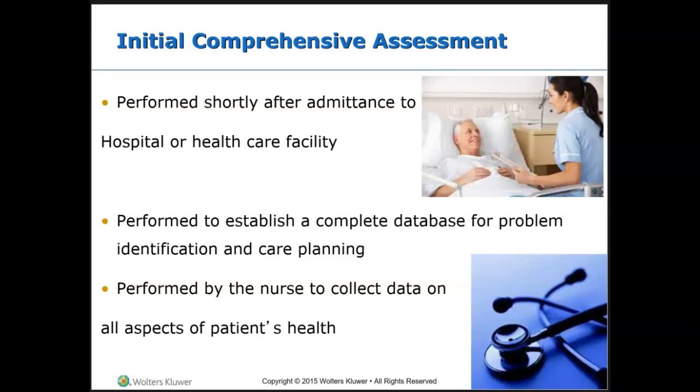The nurse collects a complete assessment to establish a database to work off of, right? So we're going to get as much information as we can, right? Good patient baseline information. And let me say that one more time because it's so important. You have to have good, solid baseline information on your patient, right?